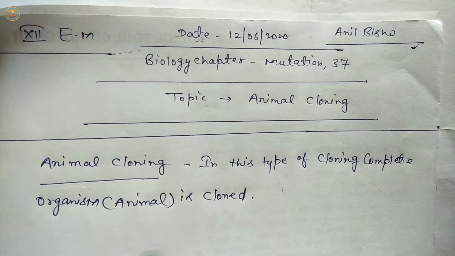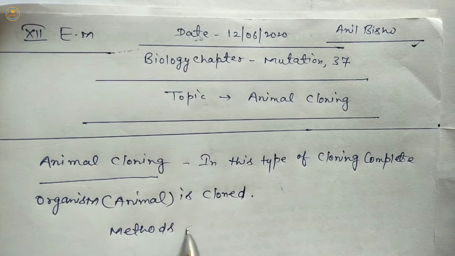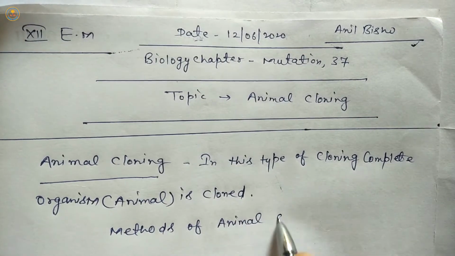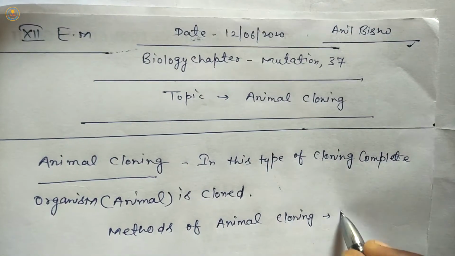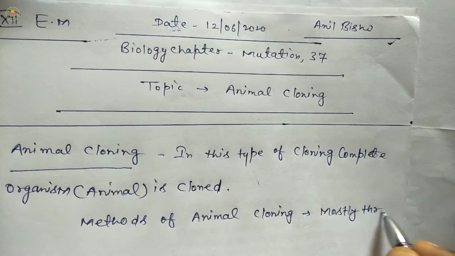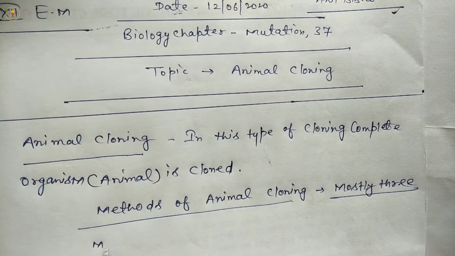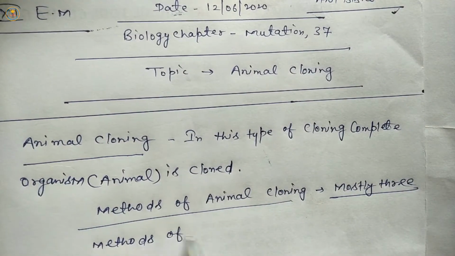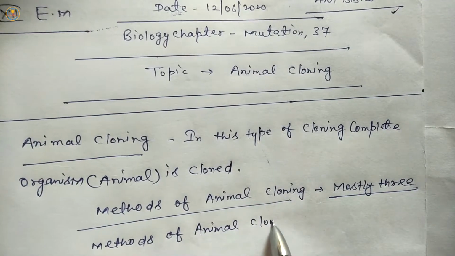Next is methods of animal cloning. Mostly three methods of animal cloning.